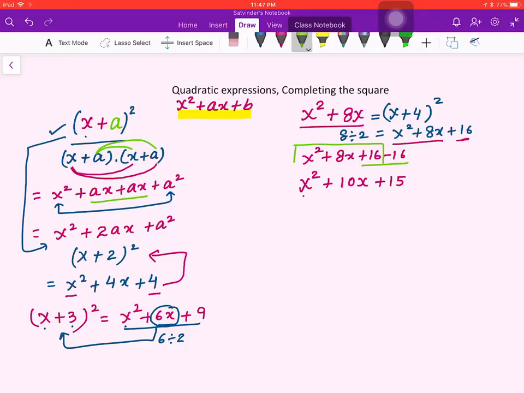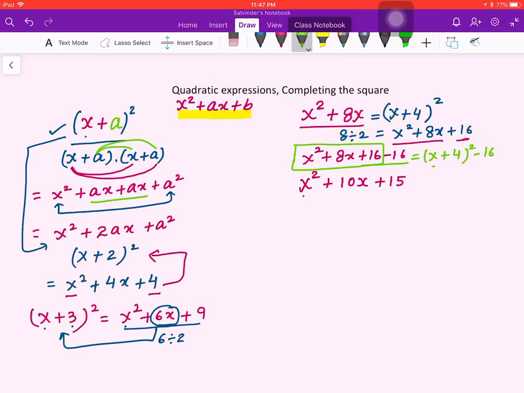When you have three terms, you can write it as a square of two terms. So I will write x squared plus 8x plus 16 as (x + 4) squared, and this 16 will be subtracted so that it is balanced, because if you expand it, plus 16 and minus 16 give you the same thing. That's how you should convert.